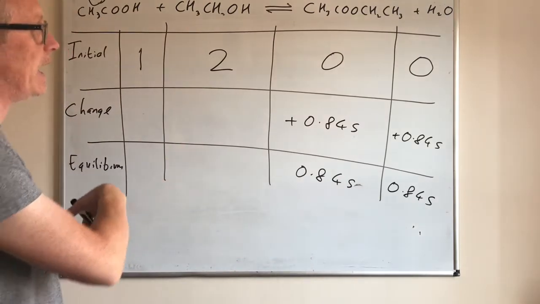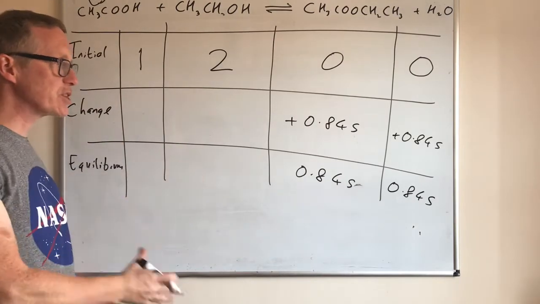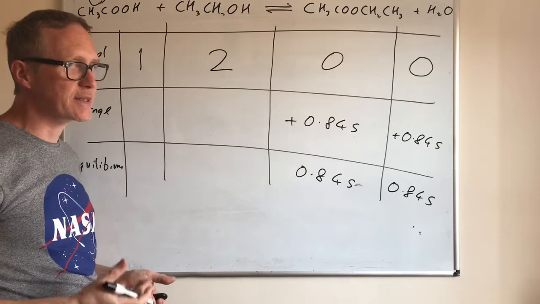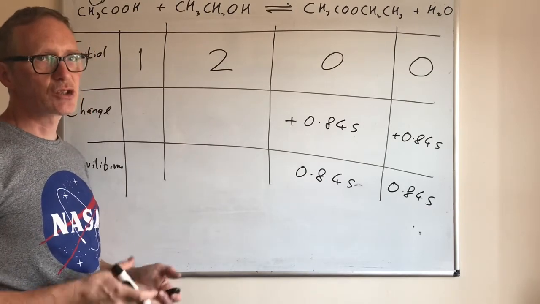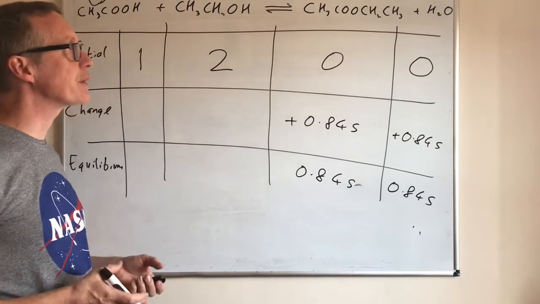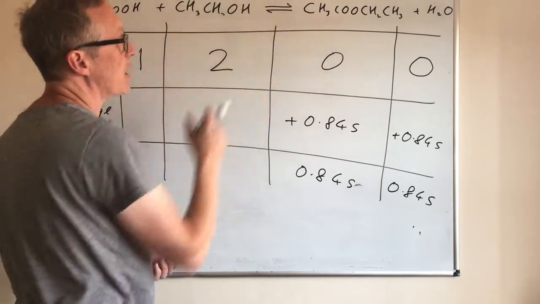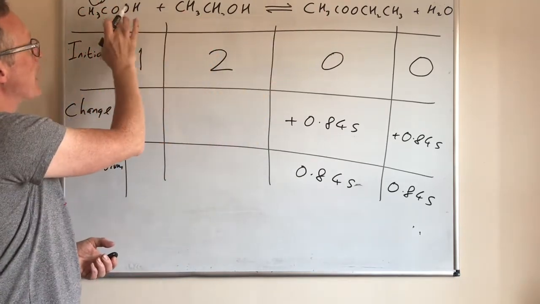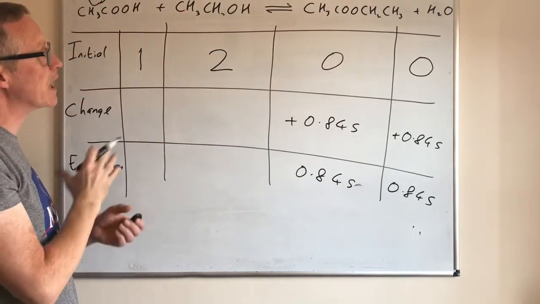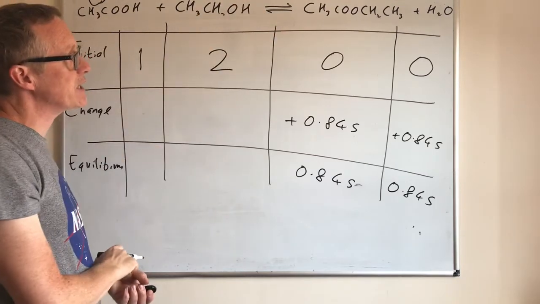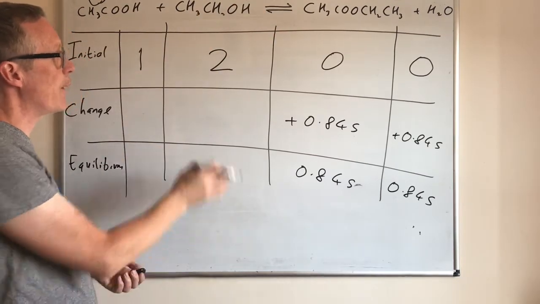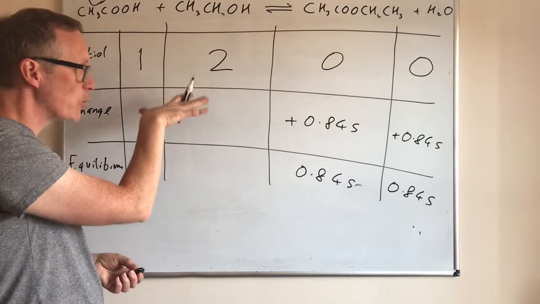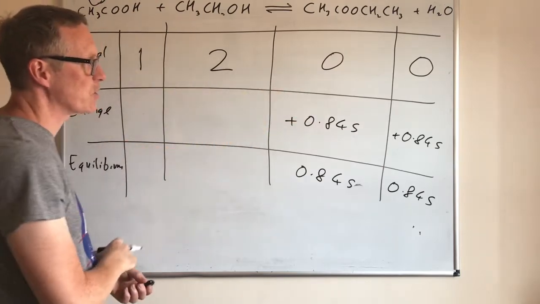Meanwhile, over here, how do we find these numbers? Well, this is not a mathematics lesson, it's a chemistry lesson. So think chemically about what happened. Where did the ester come from? It came from the reaction of these 2 guys who came together to make the ester. So therefore, these amounts must have gone down because those amounts have gone up.